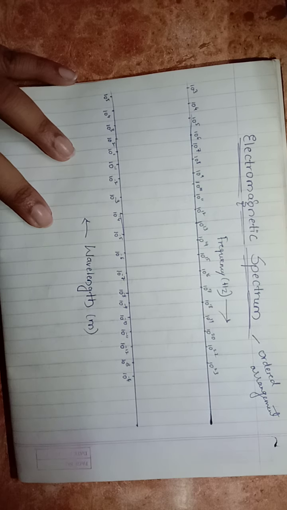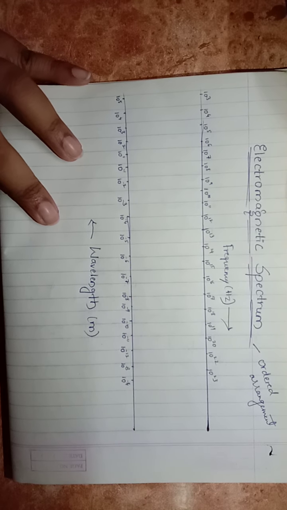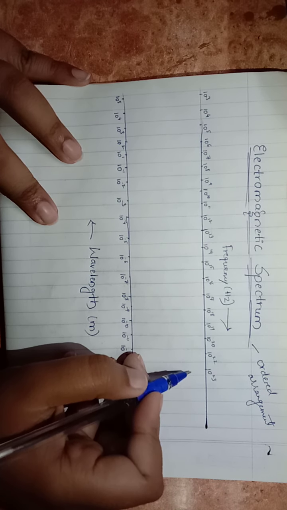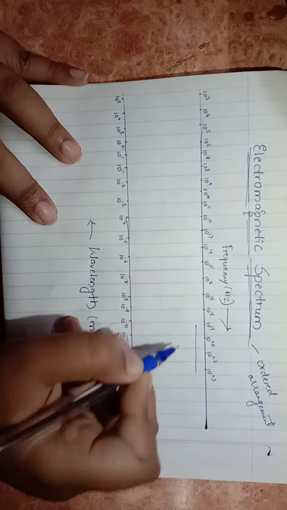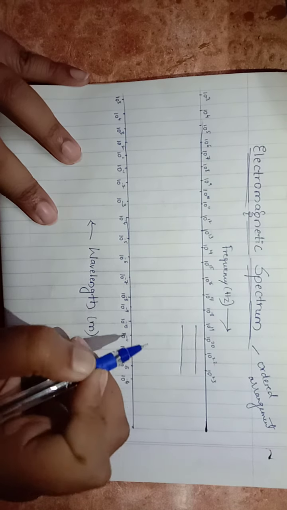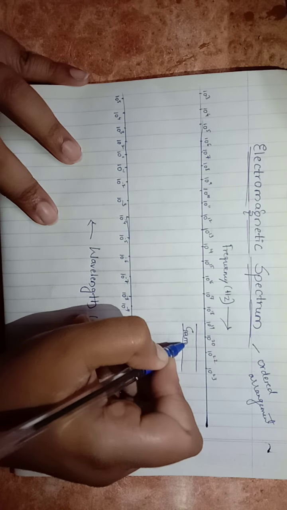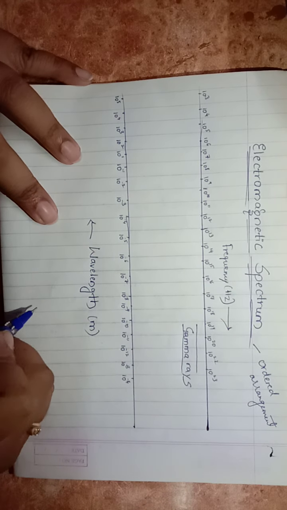Okay, so now see here, in this region from 10 raised to 23 to 10 raised to 19, I will write the gamma rays, which have the shortest wavelength.